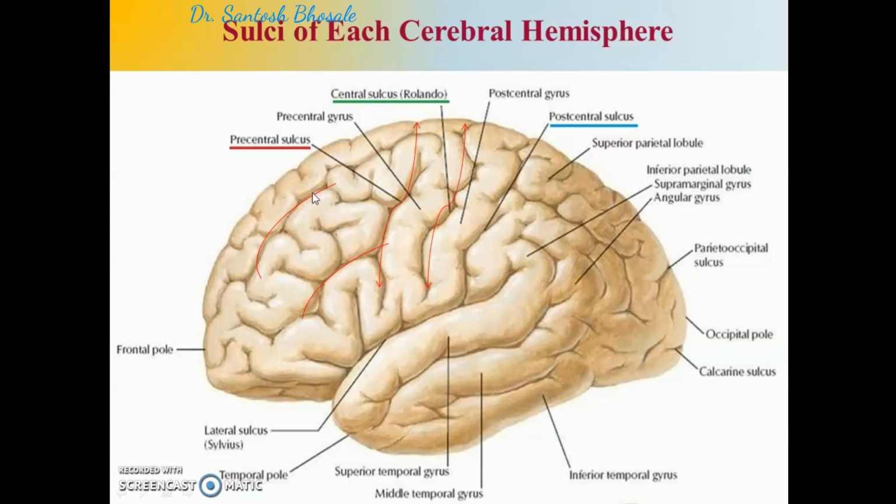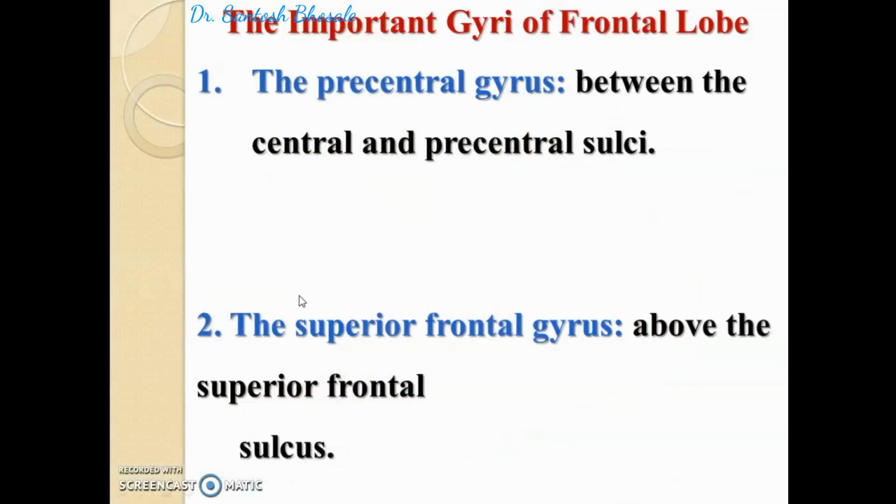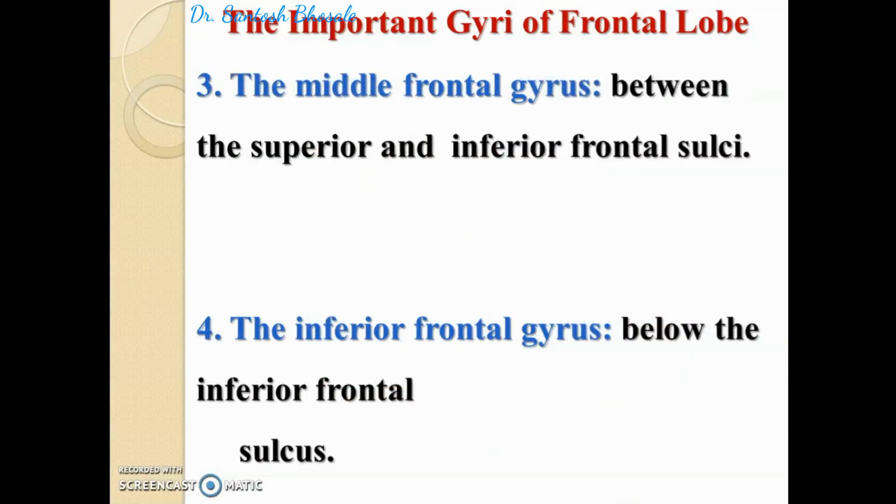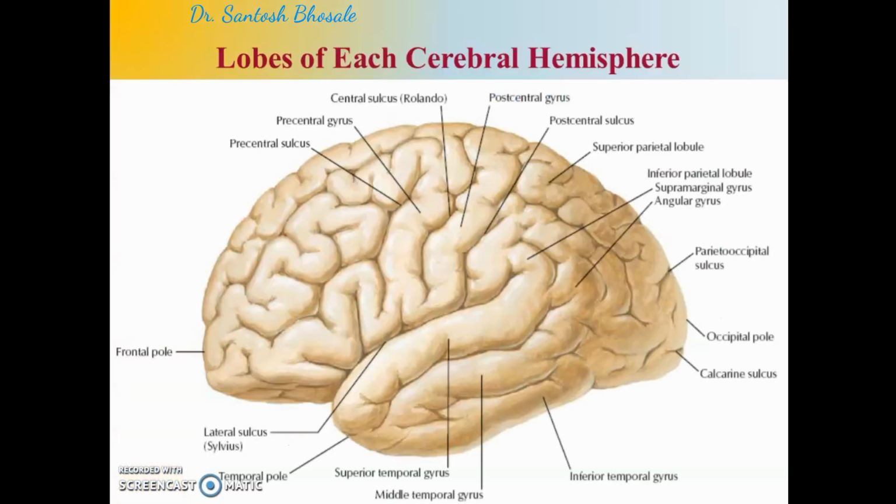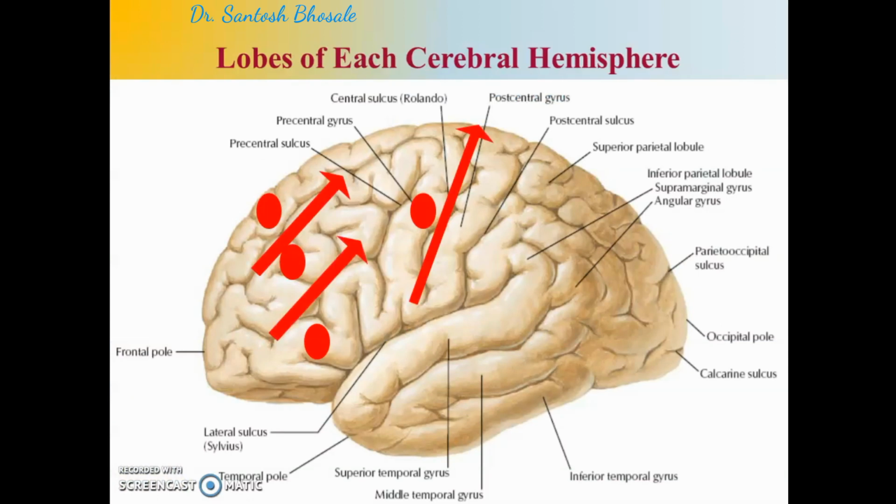They divide the frontal lobe into different gyri. The precentral gyrus lies between the central and precentral sulci. The superior frontal gyrus lies above the superior frontal sulcus, the middle lies between the superior and inferior frontal sulci, and the inferior lies below the inferior frontal sulcus. So remember the 3 sulci and 4 gyri of the frontal lobe.